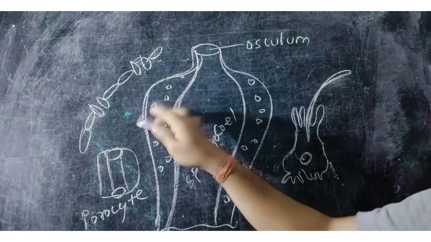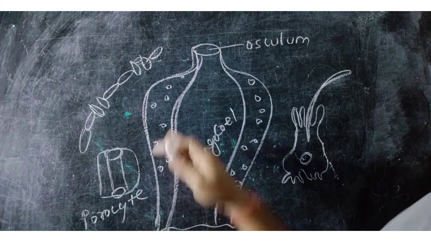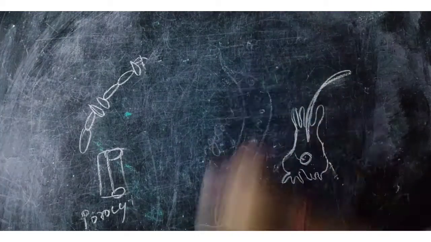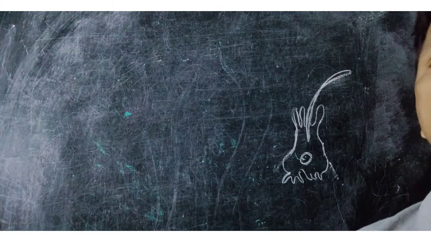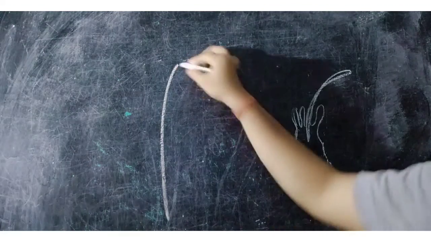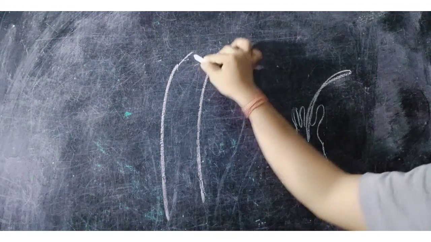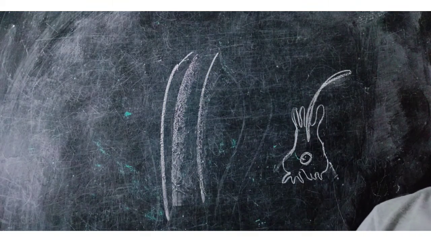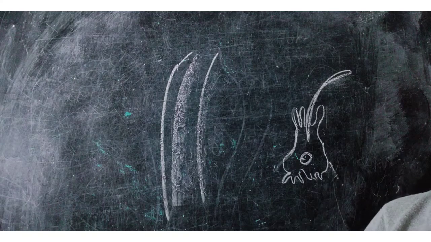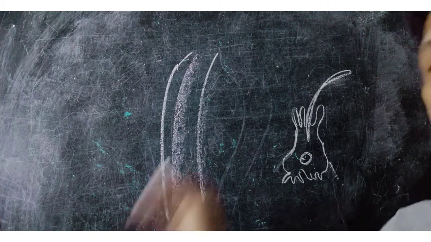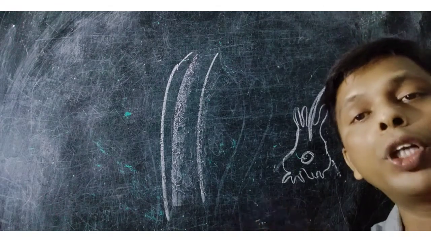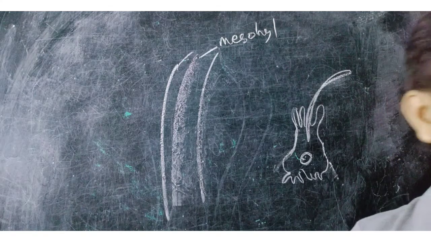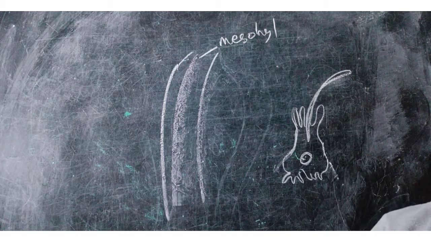If we take a section of it, in between the ectoderm and endoderm, these being diploblastic, there is the mesogloea. The mesogloea, otherwise called mesohyl, is a term which is very much fit for cnidaria, but here the mesohyl is a non-cellular layer.